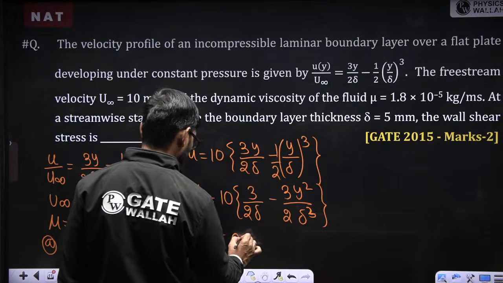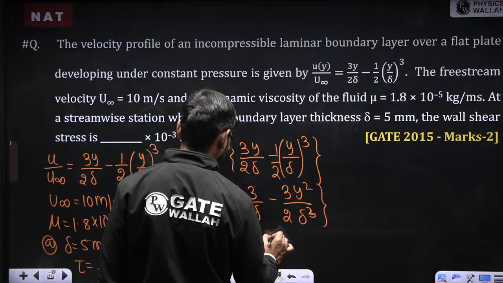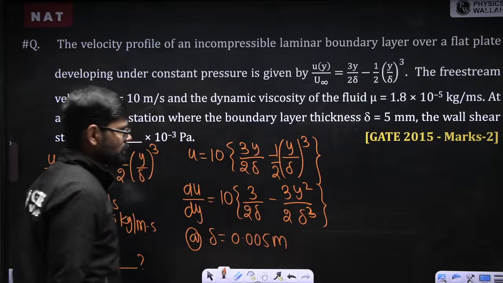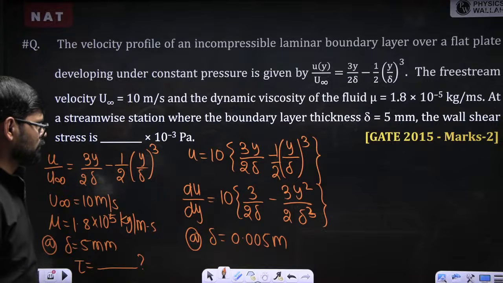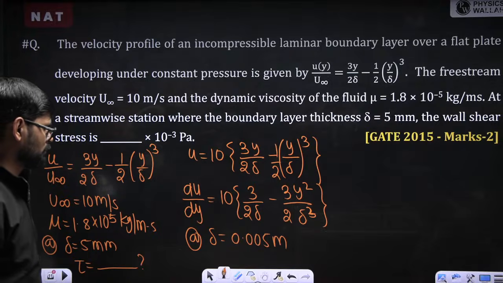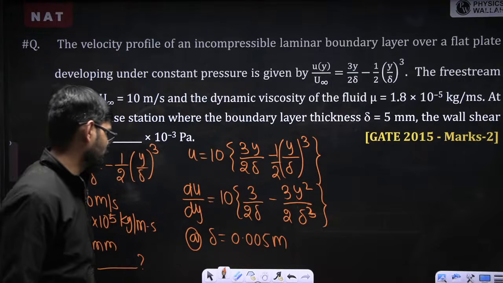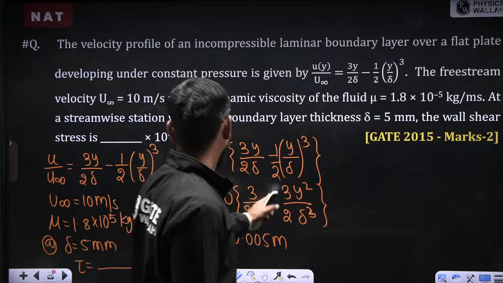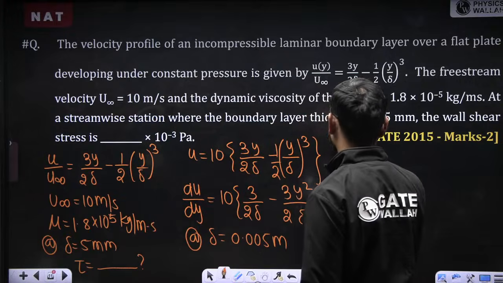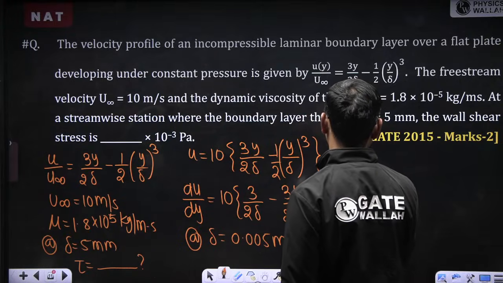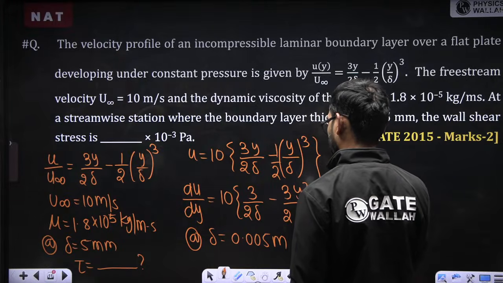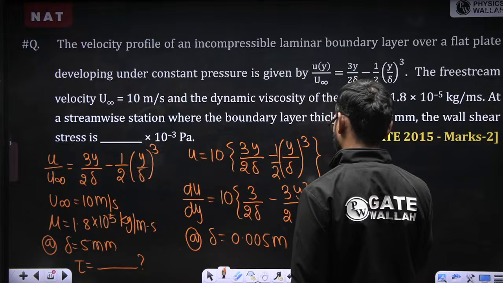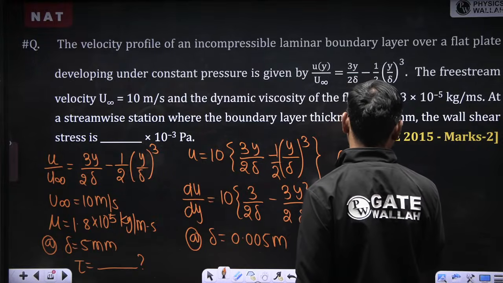Now at delta equal to 0.005 meter, calculate du by dy at delta equal to 0.005.